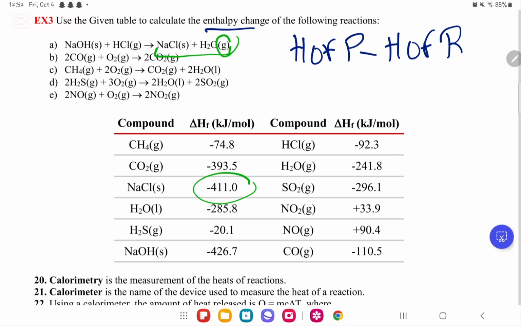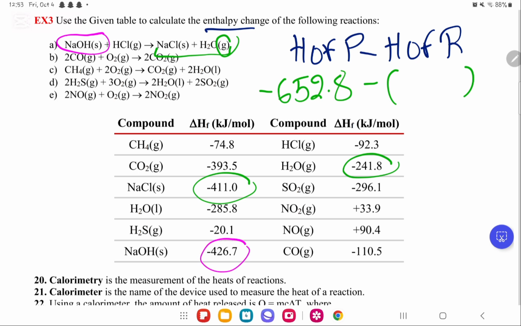H2O gas, pay attention, we need H2O gas, which is negative 241.8. We're gonna get that the heat of products is negative 652.8. Now, minus the heat of reactants. What's the heat of reactants? We have NaOH, solid, so minus 426.7, plus HCl, gas, which is negative 92.3.